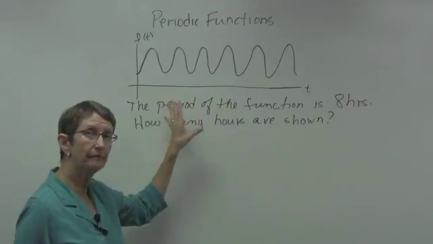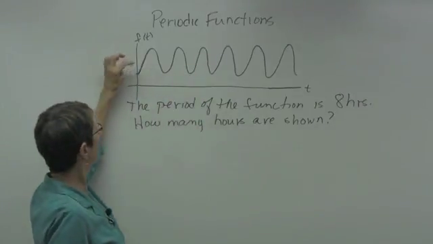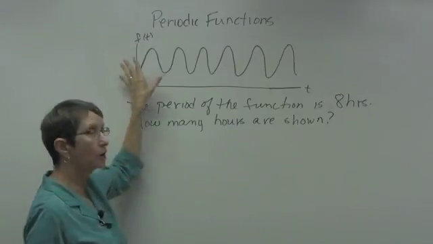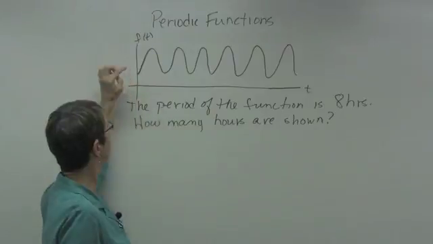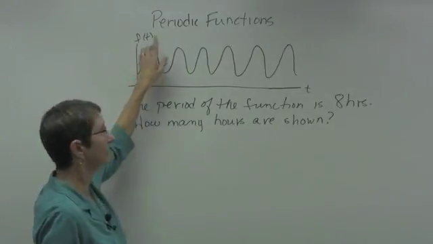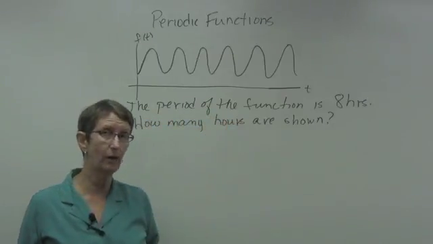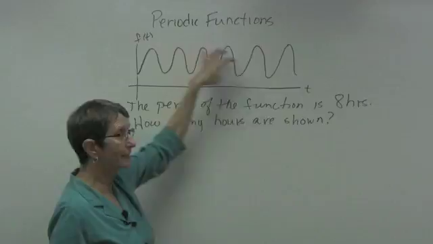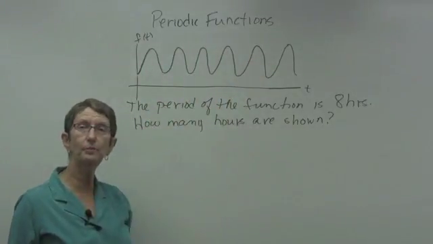In this example of a periodic function, we're looking at the graph. It's supposed to be oscillating regularly and symmetrically. I start at the low point. I go up and down several times. Now, the period of the function is 8 hours. So when we look at this, we have to look at the graph and determine when it starts to repeat.